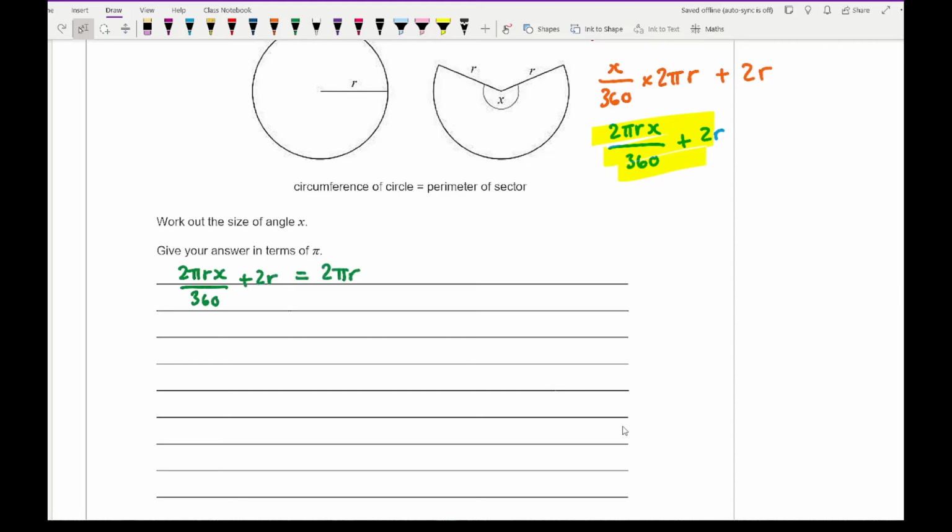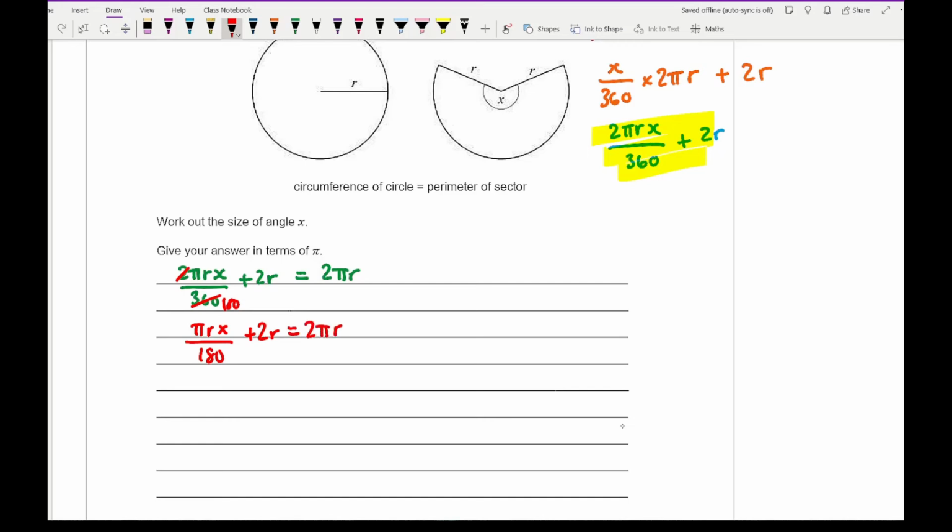Notice that the question is asking me to give it in terms of pi, so there's a good chance that this is going to appear on a non-calculator paper. Let's neaten this up and see if anything cancels out. I can cancel that with that, so I'm dealing with smaller numbers. So I've got pi rx over 180 plus 2r equals 2 pi r.